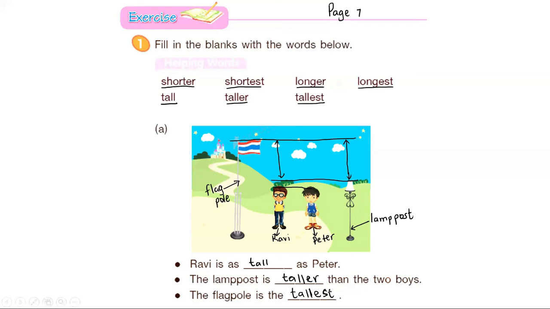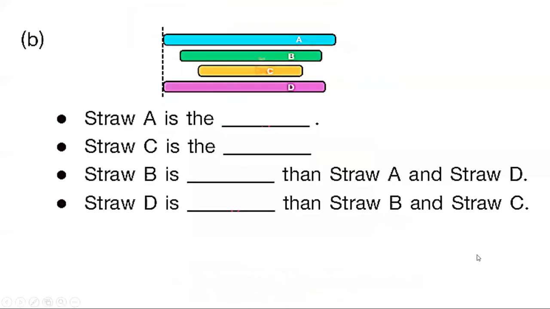Okay, so I believe you have understood that. Now, I want you to go ahead and look at page number 8. Then you answer question B. So I believe that you have understood how to compare length and height of objects.